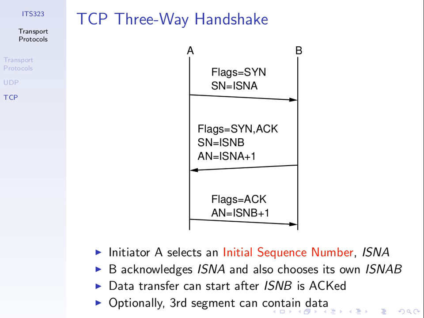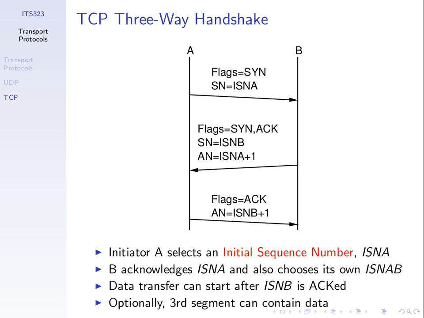Why? It saves on transmission time. Here we transmit just one segment, here we transmit two segments. In particular, here we transmit two TCP headers, because each segment contains a TCP header. In this case, we transmit just one TCP header. So there's some saving, a small enhancement in performance by including some data in that last ACK.